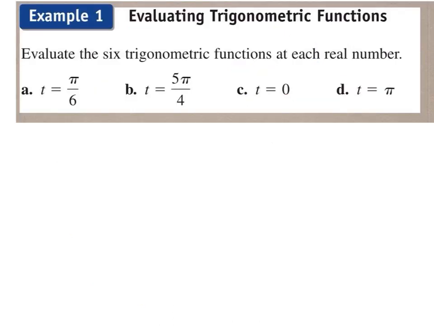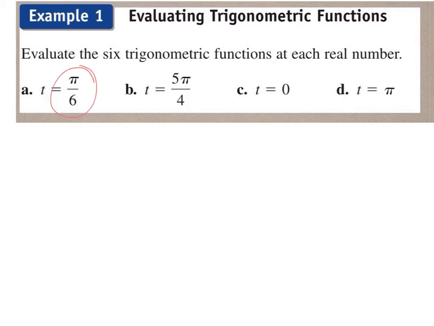Okay, so now let's use those values to evaluate 6 functions at the real number. And so they're giving us t, essentially they're giving us an angle. They might give it to you as theta, they might give it to you as x, but this right here is the angle.